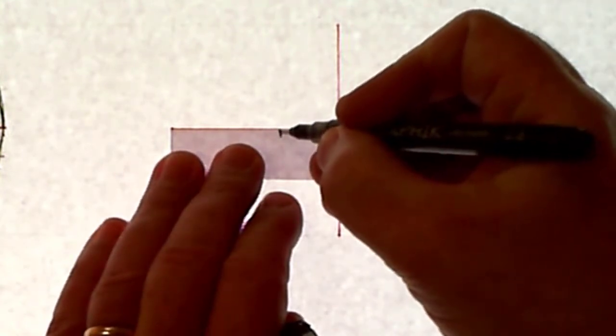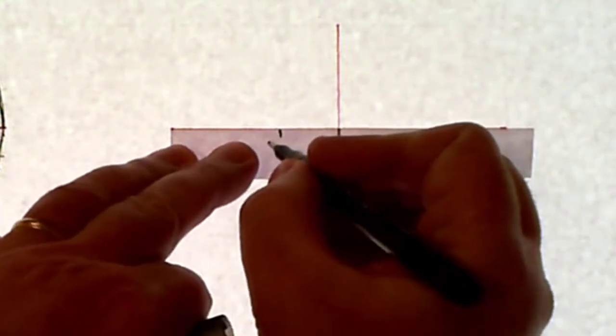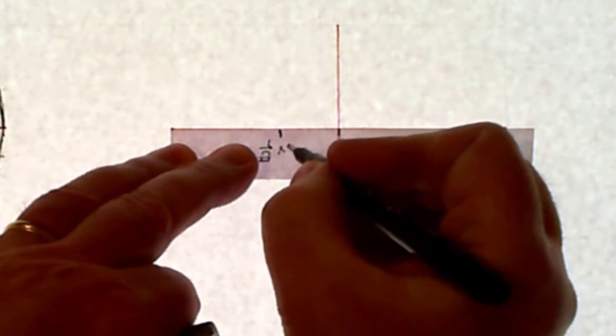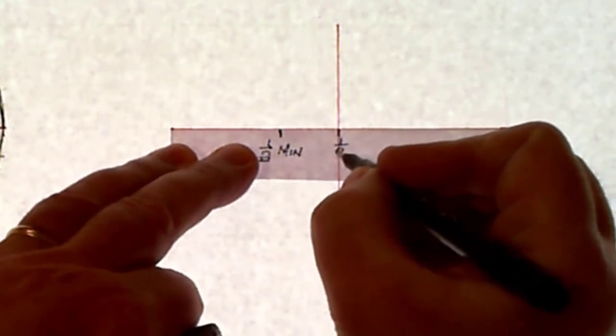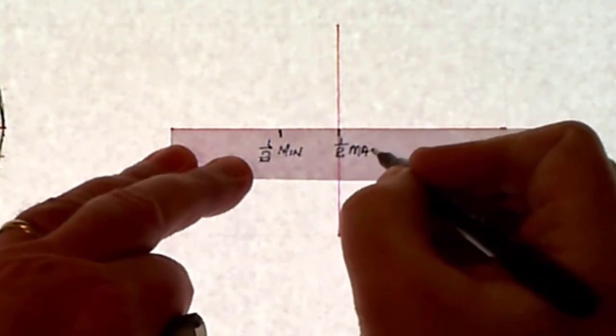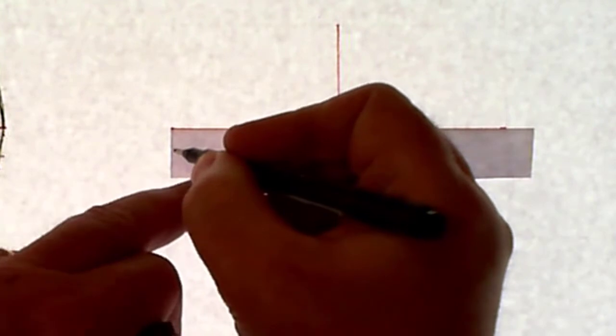So we have half the minor axis and we have half the major axis, and they're all taken from one point here, the end here. Okay, so again I'm just going to use a pencil here initially just to establish the points.